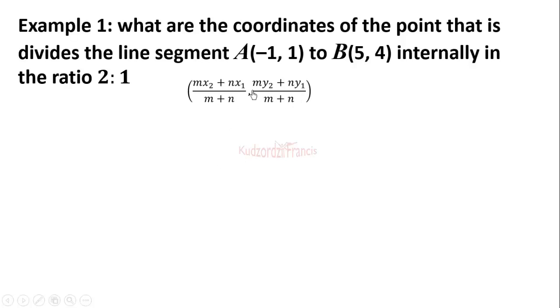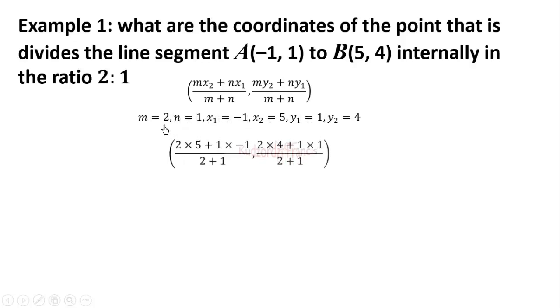Now, from the given points, we can write down x1 to be negative 1, x2 to be 5, y1 is 1, y2 is 4. If you change the order, you get it wrong because the line segment is along A to B, from A to B. Then we have the ratio 2:1, so m is 2, n is equal to 1.